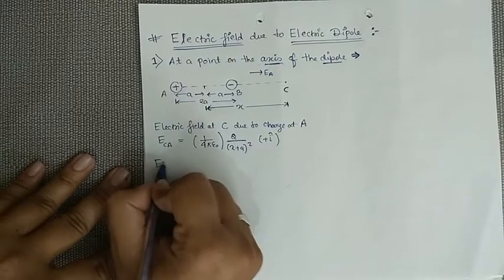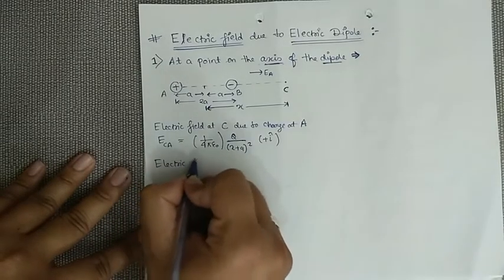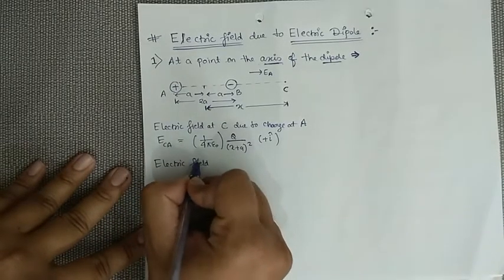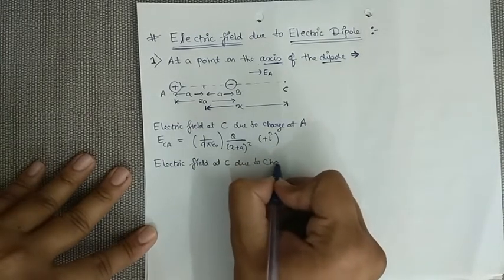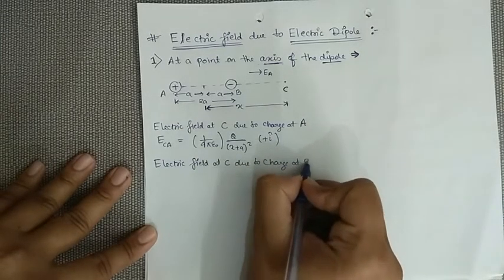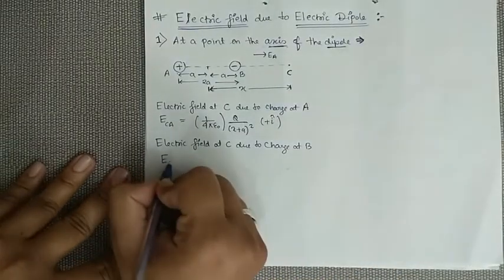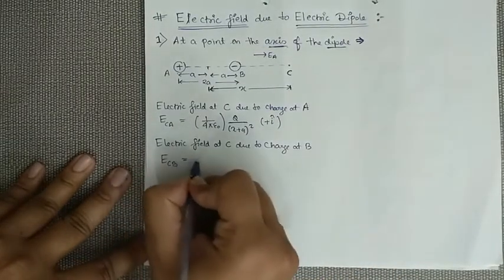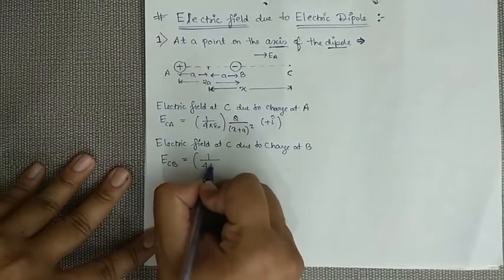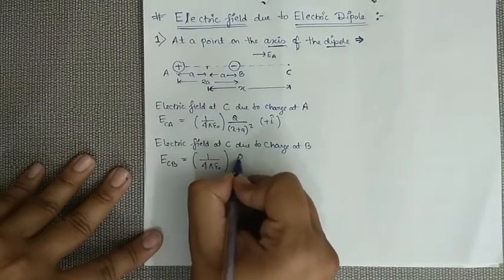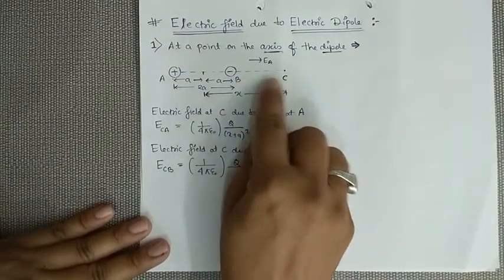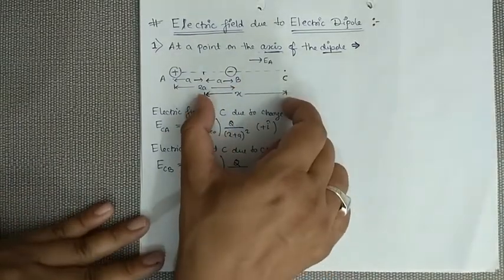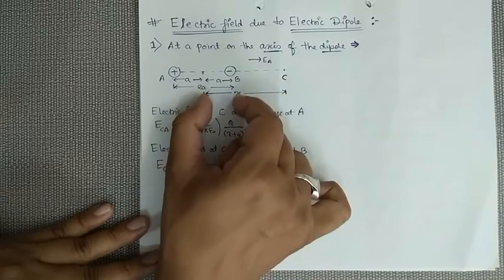So similarly, electric field at C due to charge at B. Now this time the electric field at C due to charge at B is 1 upon 4 pi epsilon naught, charge is Q, but the distance between B and C is x minus a.